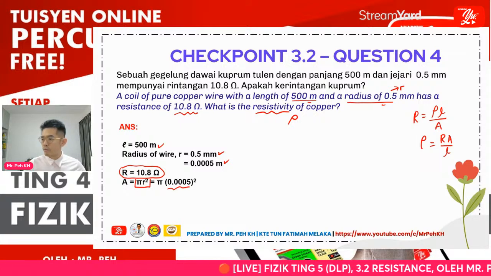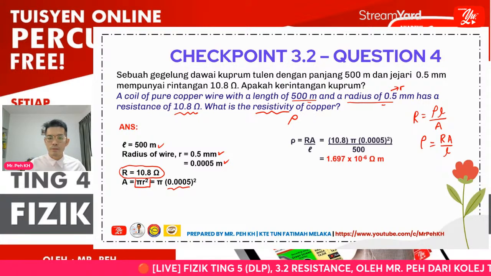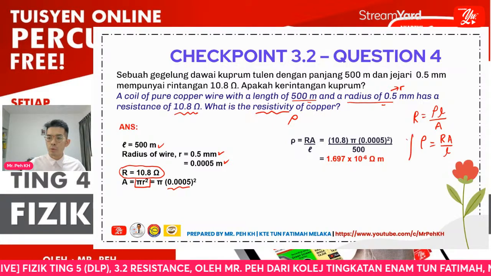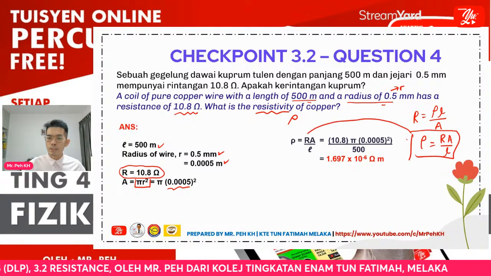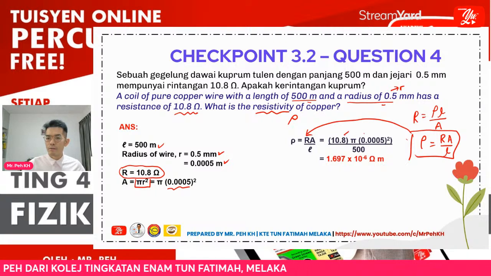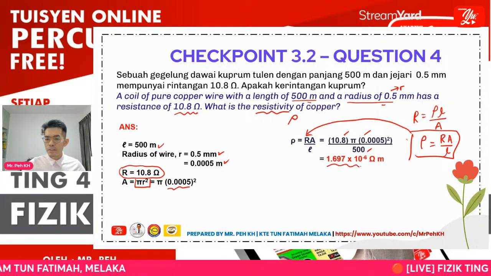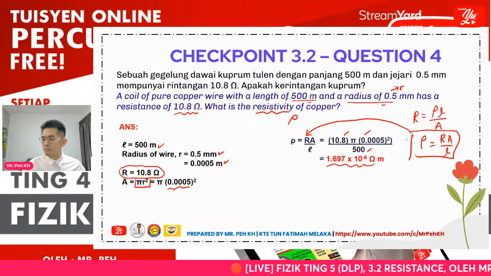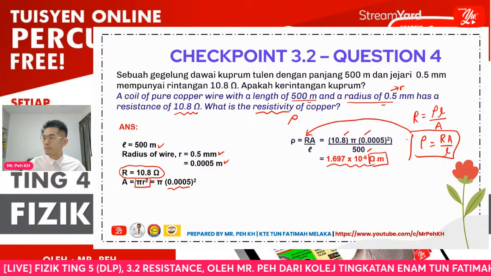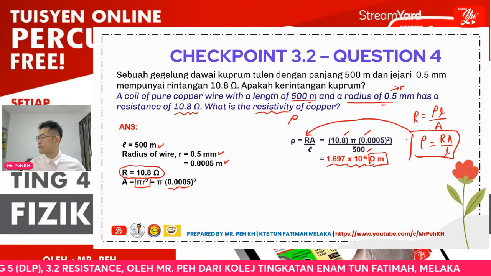Substitute everything, then for rho use the rearranged formula RA over L. Substitute everything and you may get your answer, 1.697 times 10 power negative 6. Then remember to give the correct unit for resistivity, which is ohm meter.